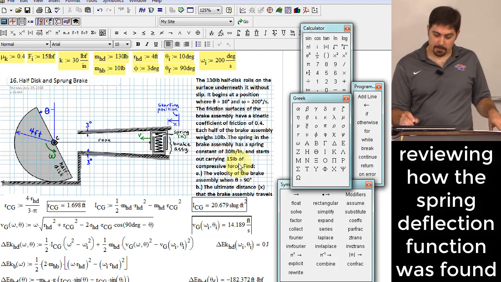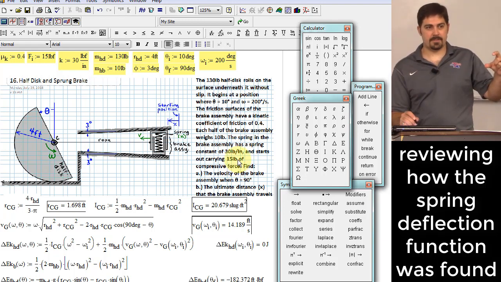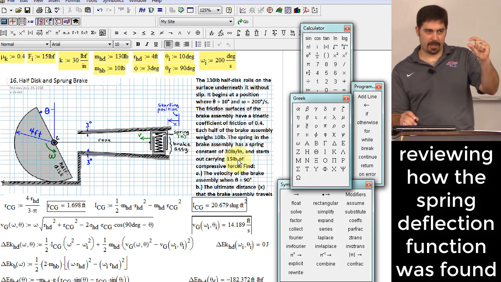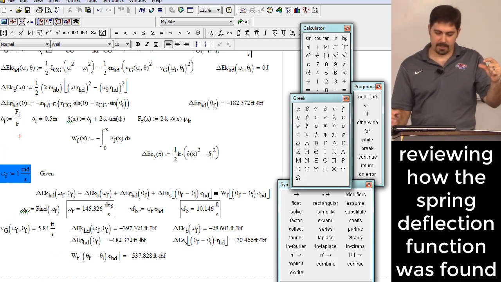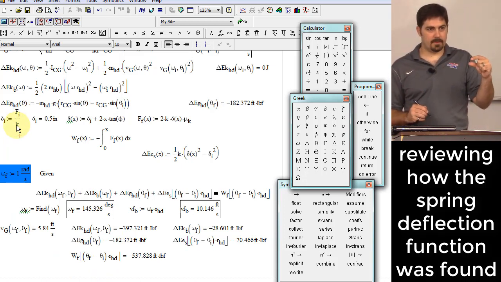Well, the only way that spring is carrying 15 pounds of compressive force is if it has the proper amount of deflection to create that force, right? And so I basically just took the F equals K delta equation and flipped it around to give me delta is equal to F over K. So that's the change in distance.